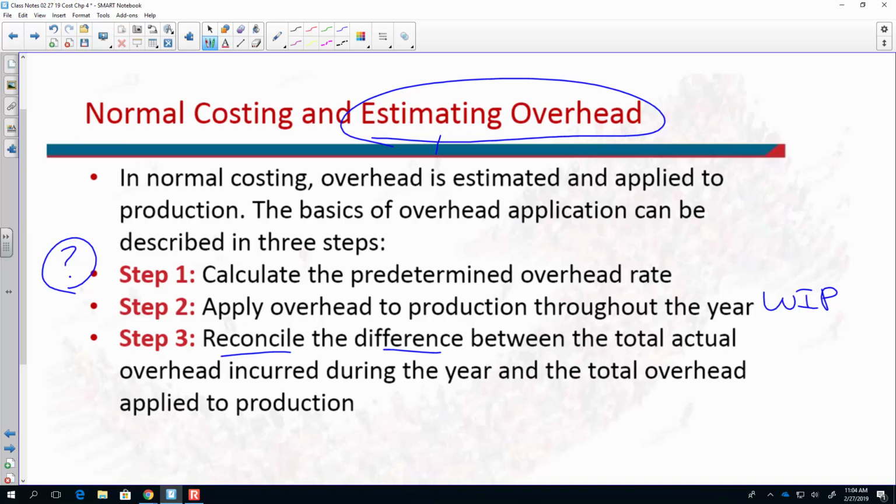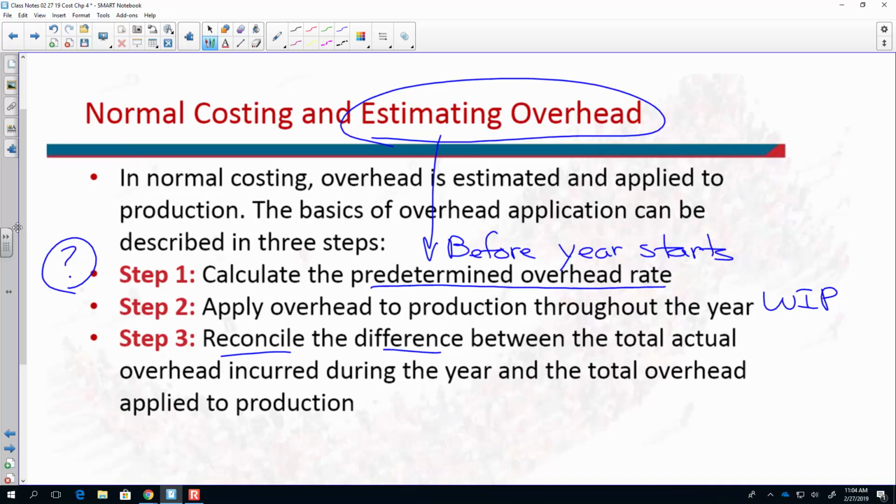Now, this estimated overhead, a new term here, is called predetermined. Look at the word pre. Predetermined means before the year starts. I work with a client right now.